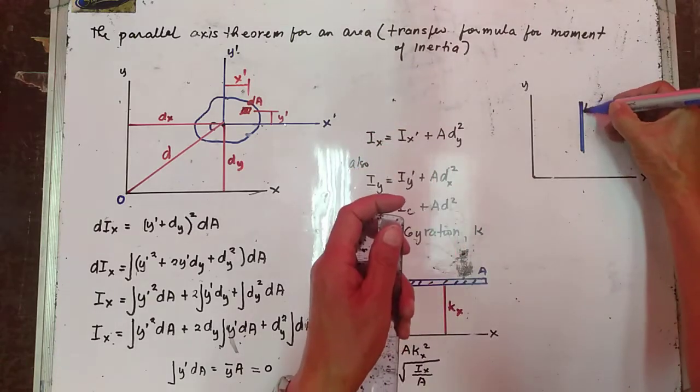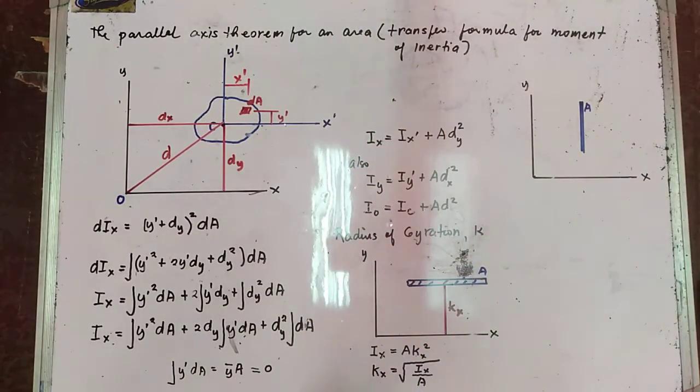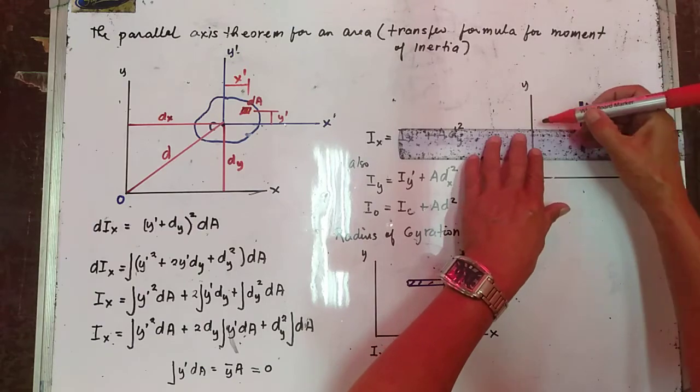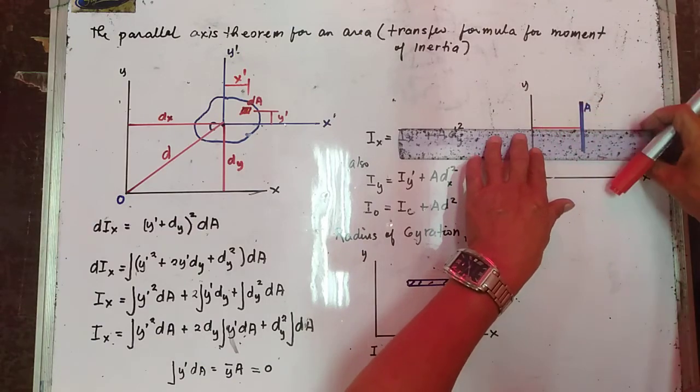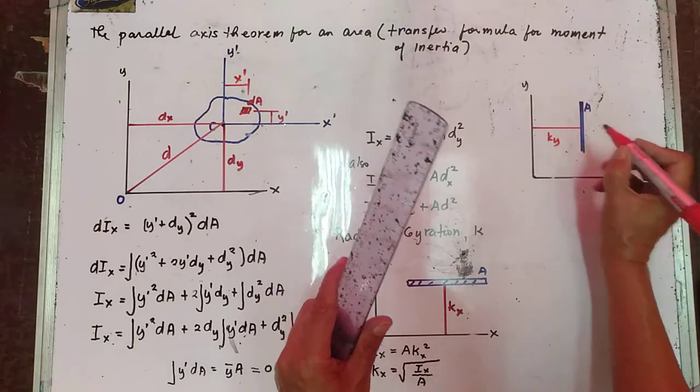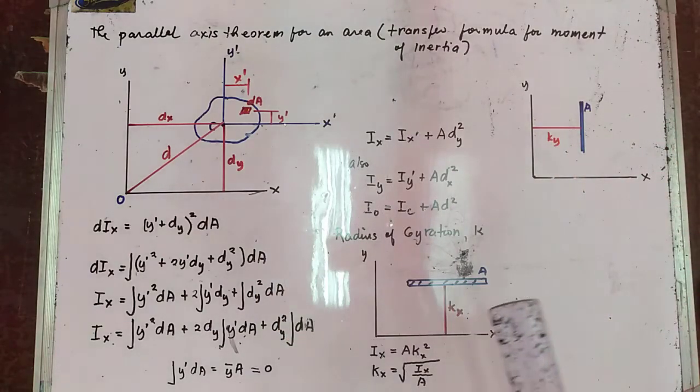So we have the total area, and the distance of this squeezed area to the y-axis is your ky. And ky in here is the radius of gyration with respect to the y-axis.